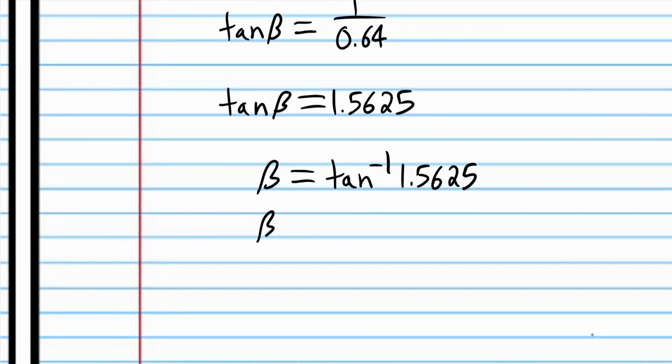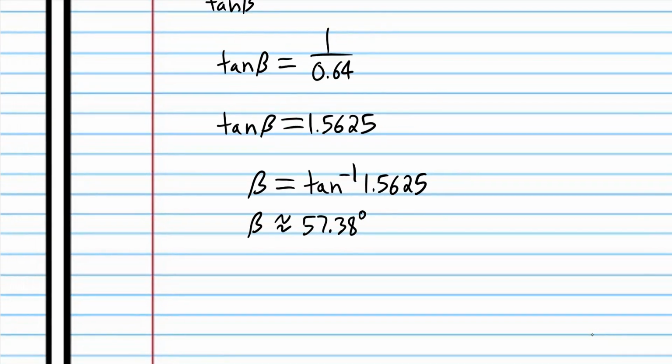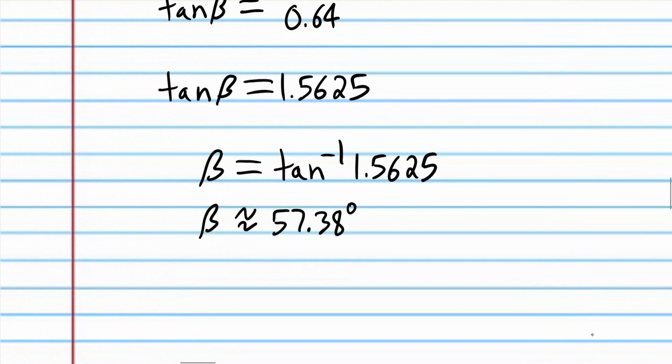And beta is approximately equal to 57.38, we'll just say 38 degrees. And it's probably best to keep that number in your calculator.